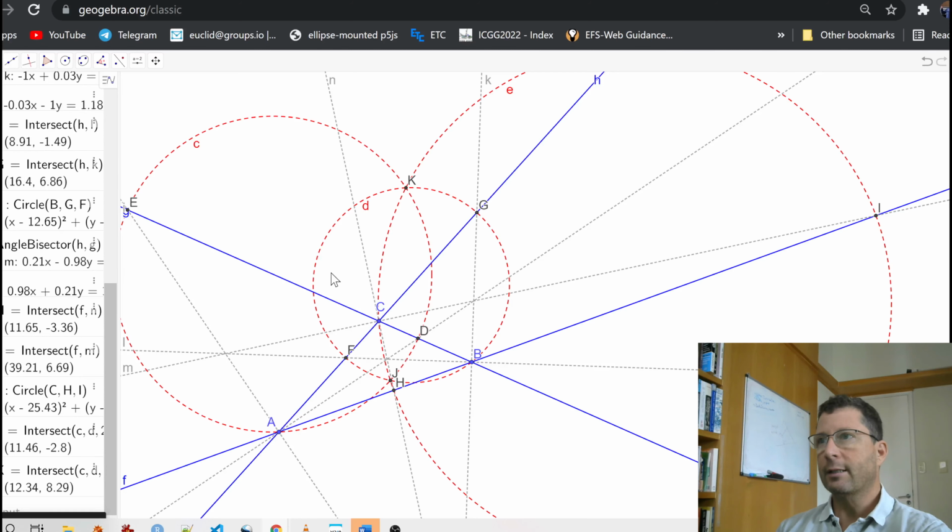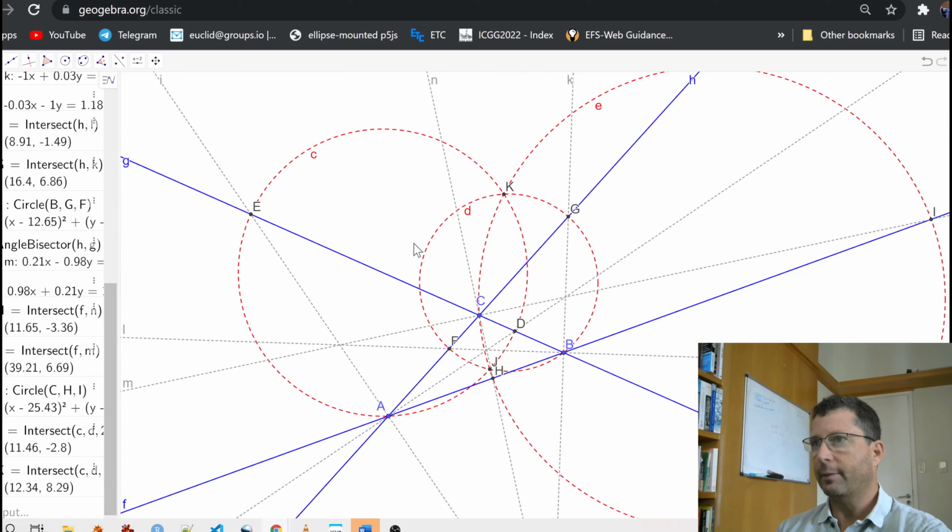Okay, so now let's clean this up a bit. So let's start by getting rid of labels. I'm going to select these 3 triangle sides and get rid of their labels. I'm going to get rid of the Apollonius circle labels as well by selecting them. There you go. And now I can perhaps not show these intersection letters either.